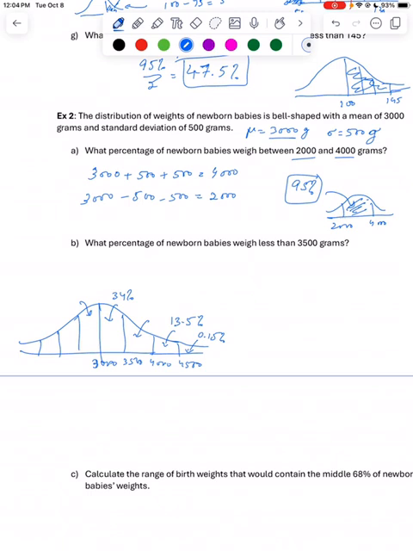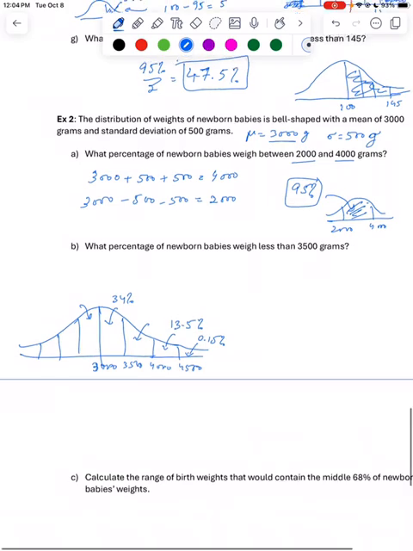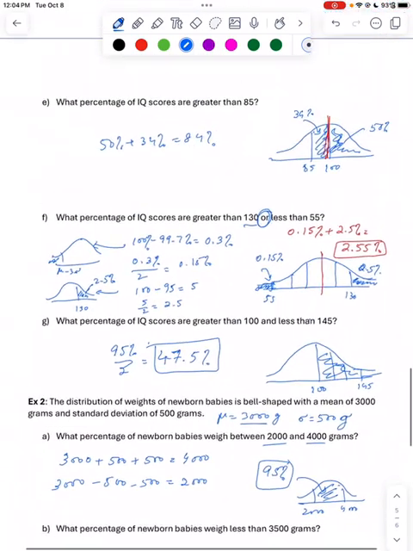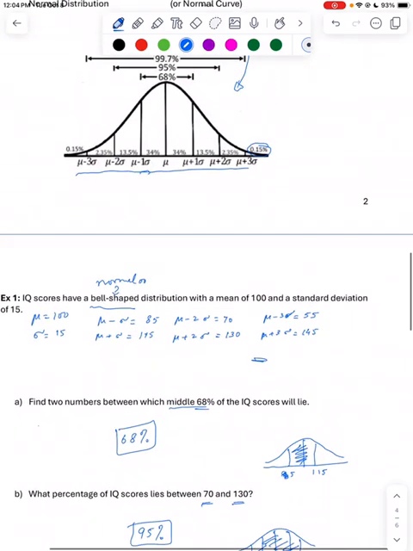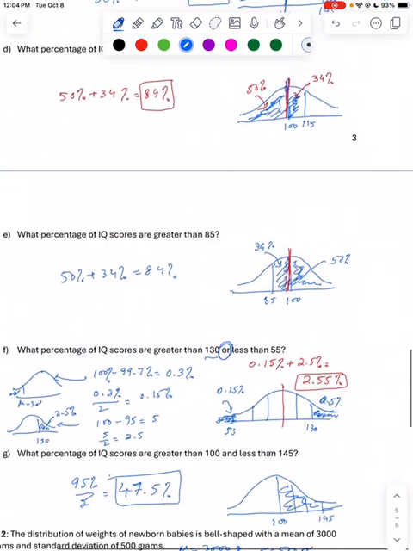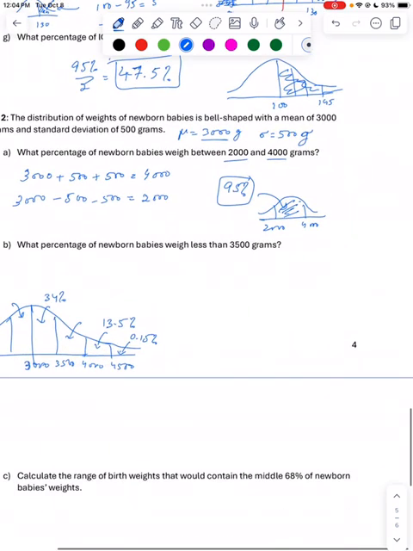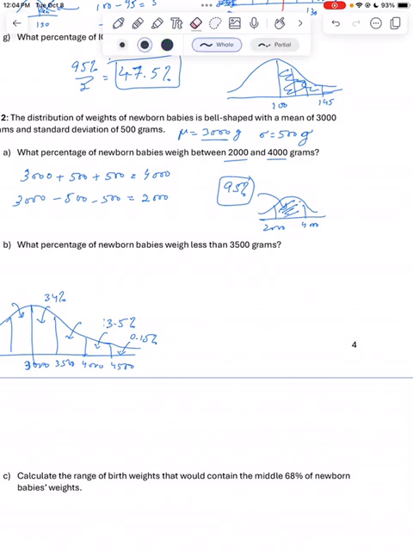So this is 13.5% and this is 34%. This is 2.35. I think I messed up there. Yeah, this is 2.35. And this one is 13.5%. And so on. And on the left hand side, the same number repeats.